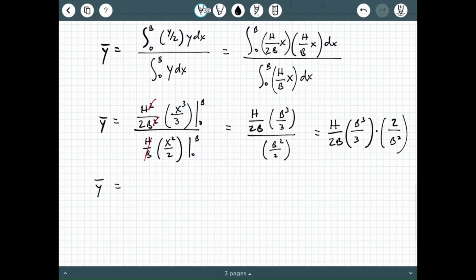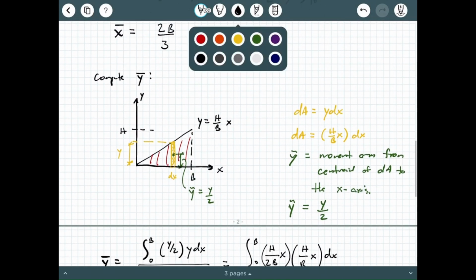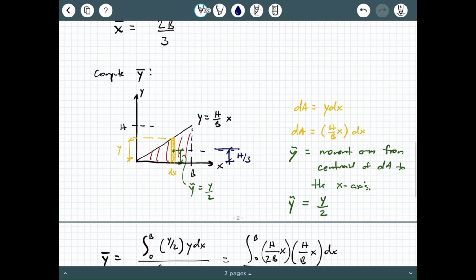So let's see how we can simplify things and just do algebra at this point. We can cancel this b squared with 2 of these, and then this b squared cancels with the last b here. This 2 cancels with this 2, and then we are left with h over 3, okay? And so my y bar is going to be somewhere about right here at h over 3.